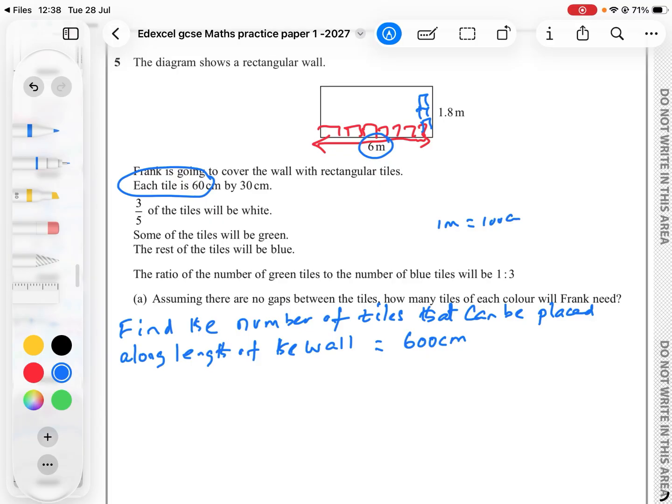To find the number, you need to divide by 60. So that means 600 divided by 60, 10 tiles. Sorry, you need 10 tiles along the length. You need to place 10 tiles.